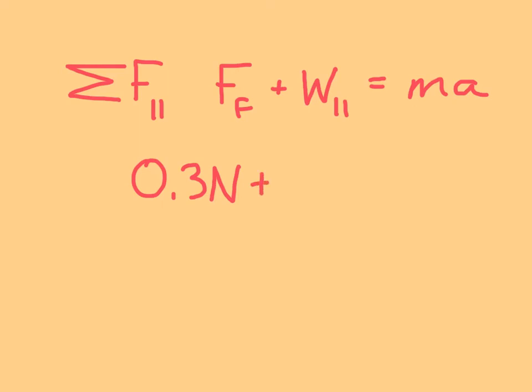And the weight is going to be like 2.6 newtons times the sine of whatever your angle is. And the angle will be different for each number of books that you use. And then that will be equal to, now we need the mass of the cart. We can get the mass of the cart from the weight.